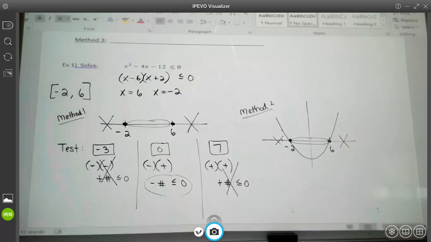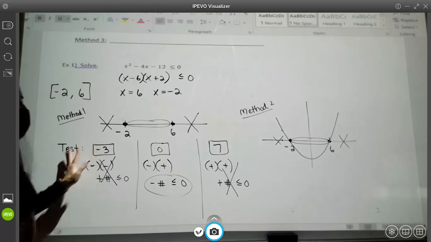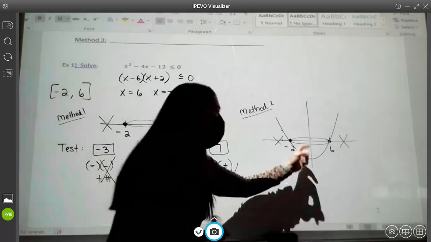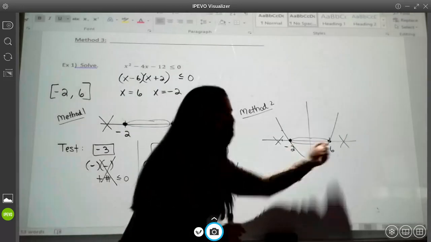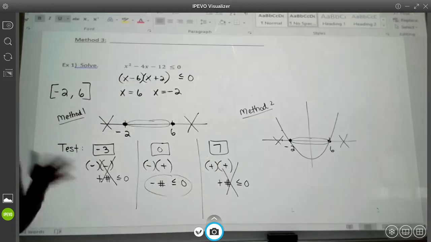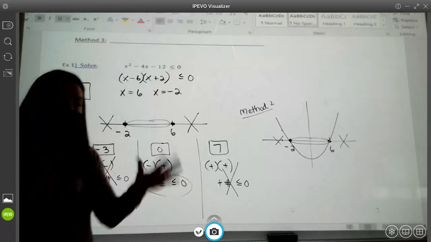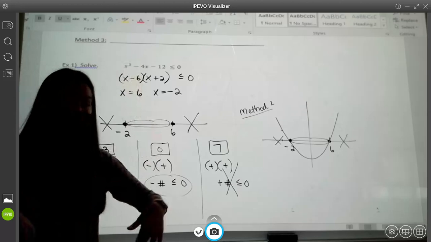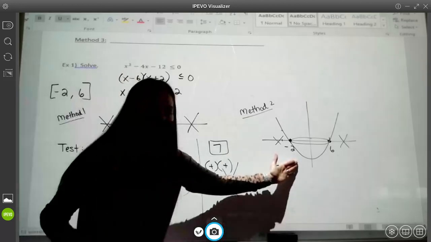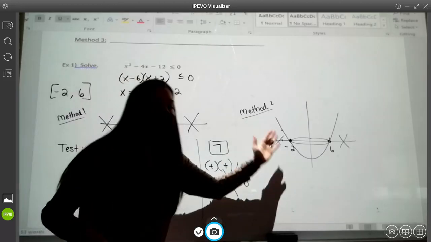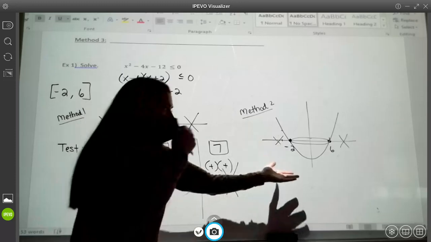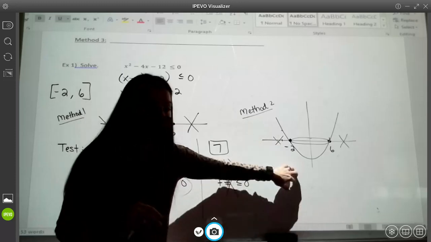So if you can whip up a really quick sketch of your parabola, whether it opens up or down, the graph tells you which x values make a negative or a positive number come out. So this is the method that I prefer when it's a quadratic inequality. If I can whip up a quick sketch of its graph, oh my God, so easy to find the solutions. So again, this proves it's -2 to 6.